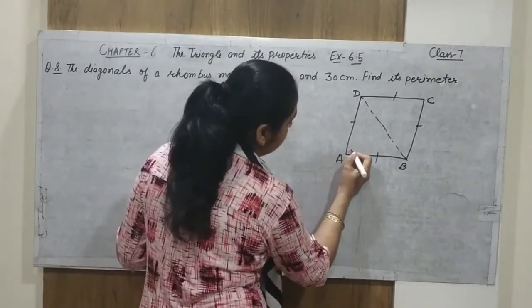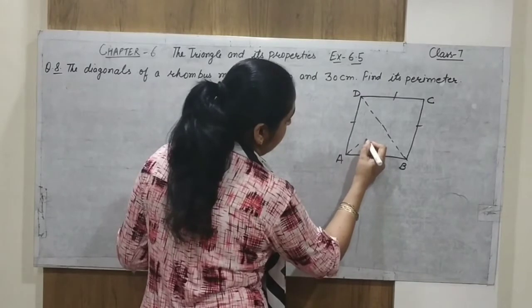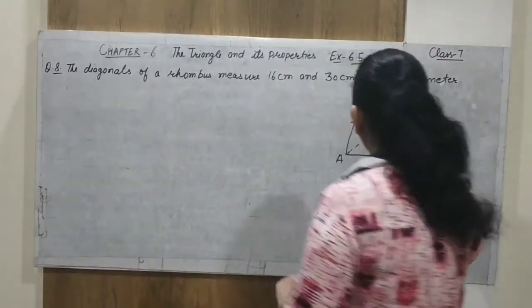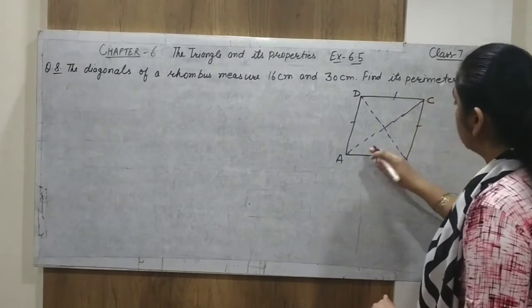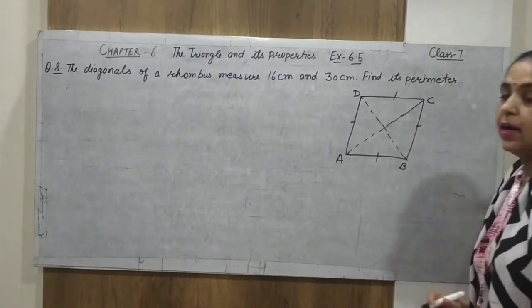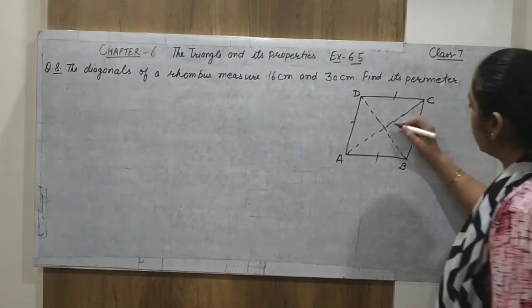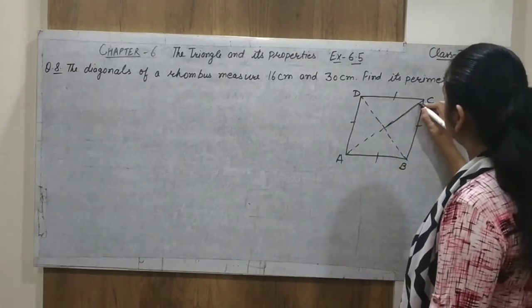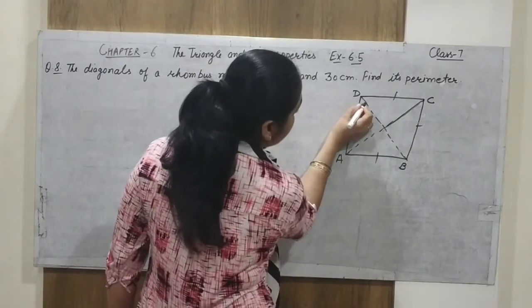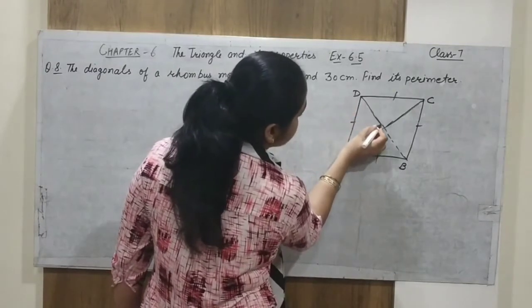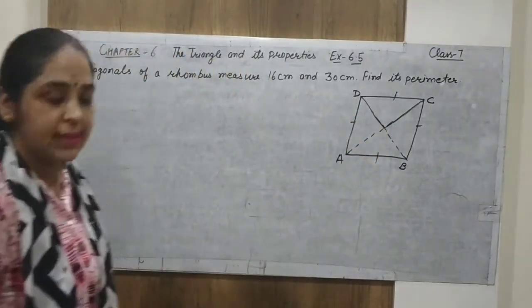And the second diagonal is made between A and C. We can draw it with a straight line or a dotted line. Alright, these two are the diagonals. We can draw it with the help of a scale, or this is just a rough sketch to understand.